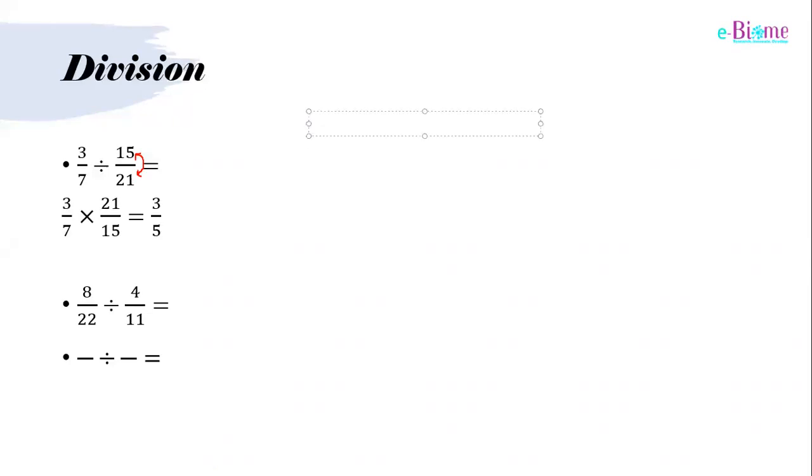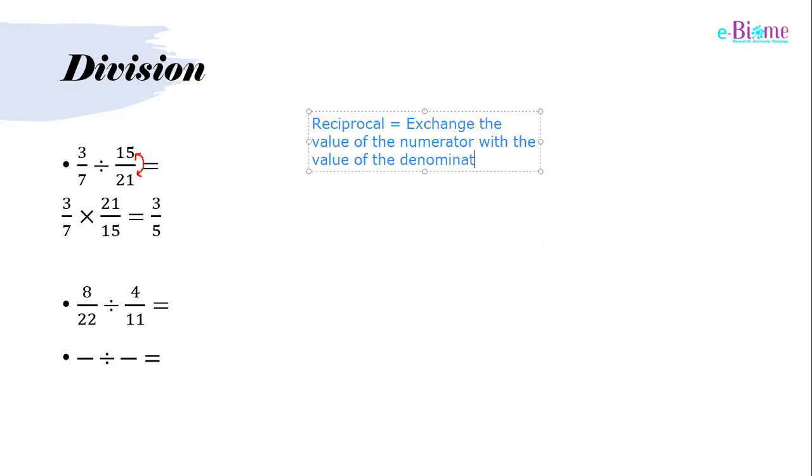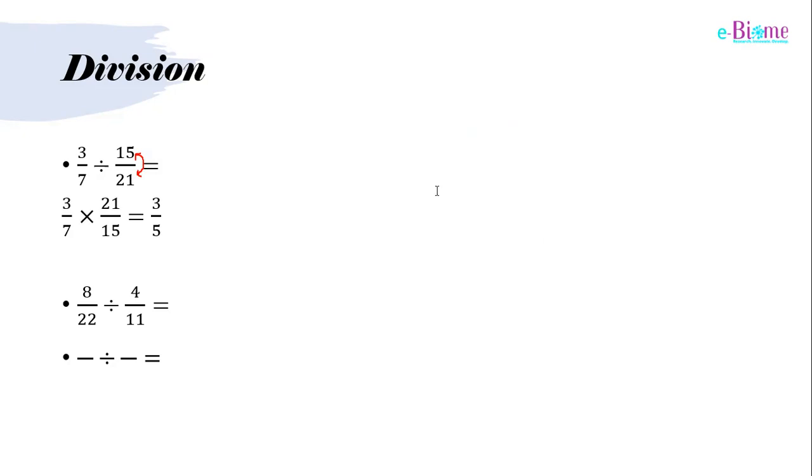So the reciprocal now means that we exchange the value of the numerator and the value of the denominator, and that is the reciprocal. In this case, our reciprocal is 21 over 15.